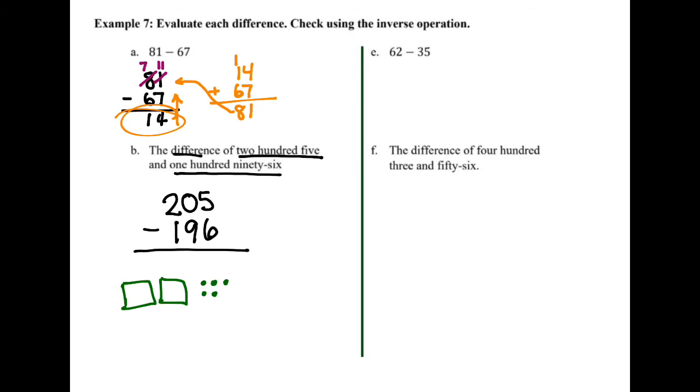Okay, so really quickly, there's 205. I want to take 6 of these away. Okay, there's 1, 2, 3, 4, 5. I need one more. So the next shape up is one of the hundreds, isn't it? Okay, so you need to break it into 10 rods.